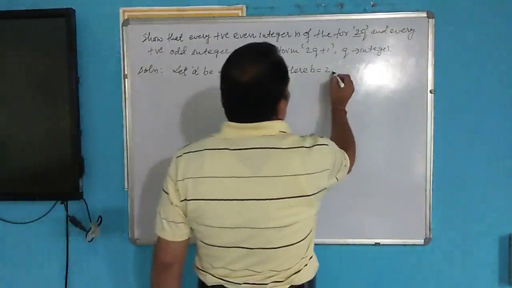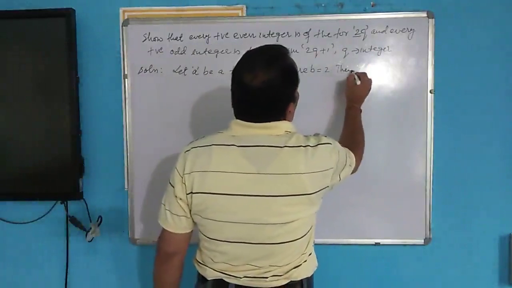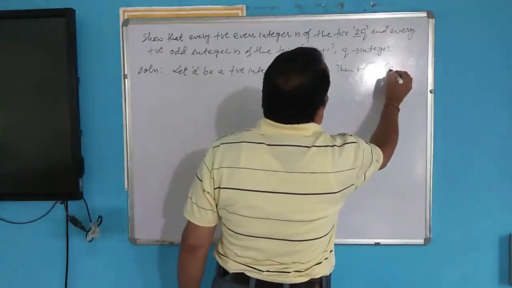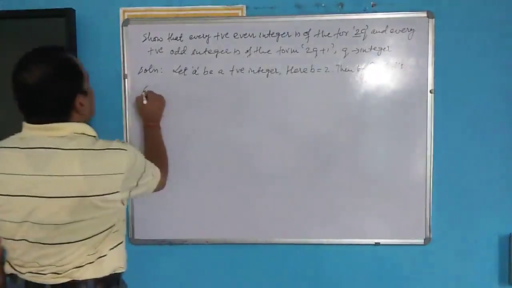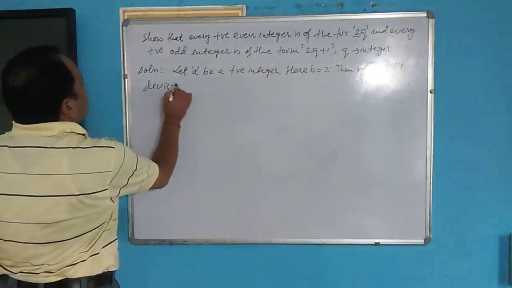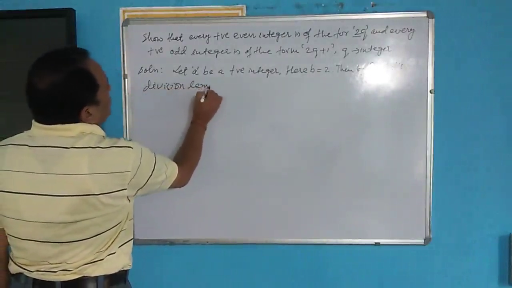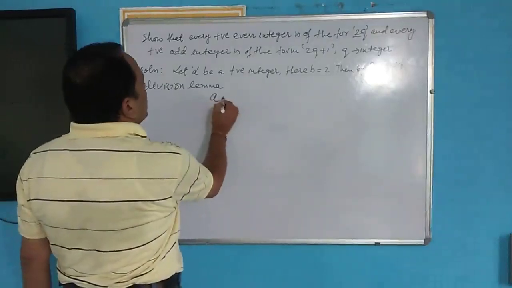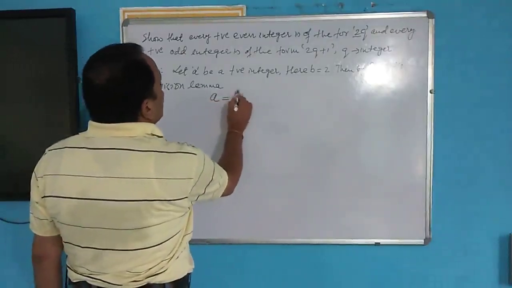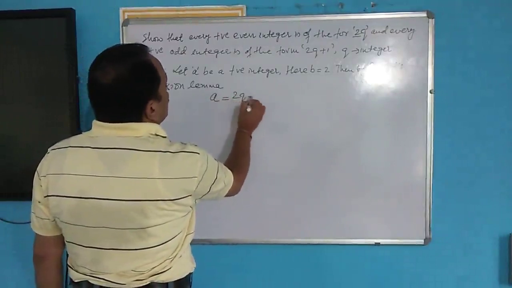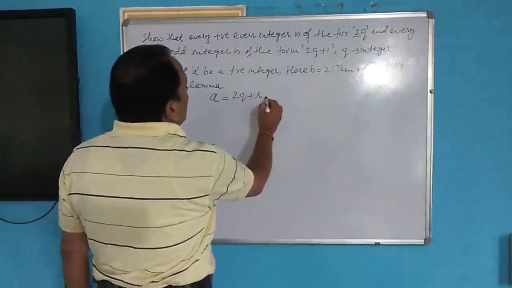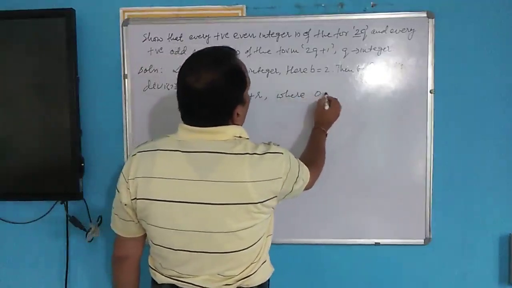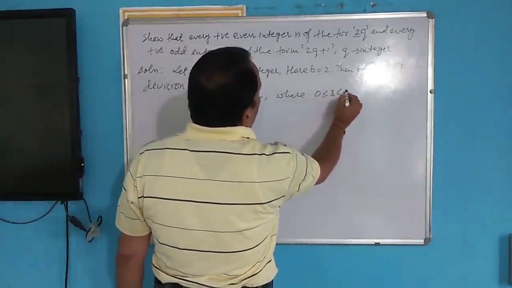So b is equal to 2, then by Euclid's division lemma, a is equal to 2q plus r, where 0 less than or equal to r less than 2.